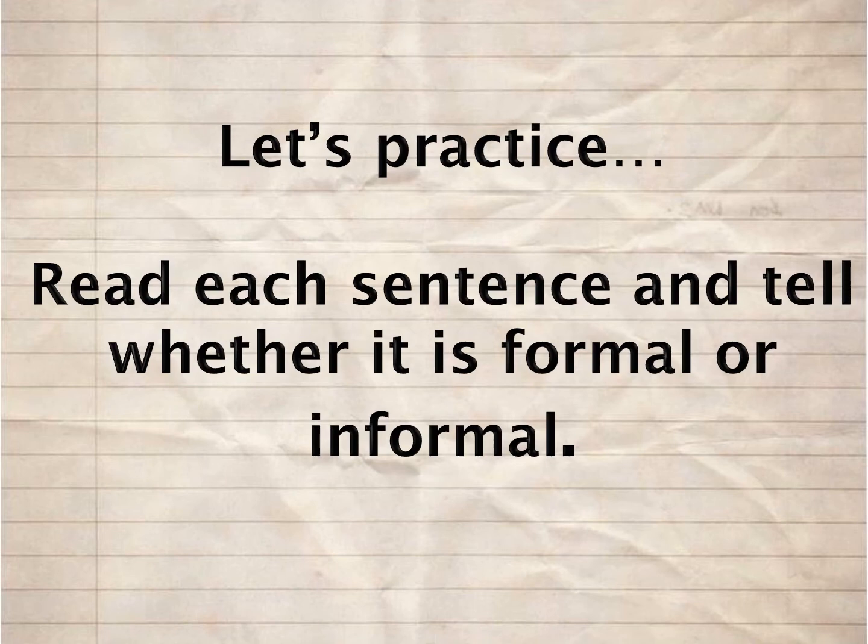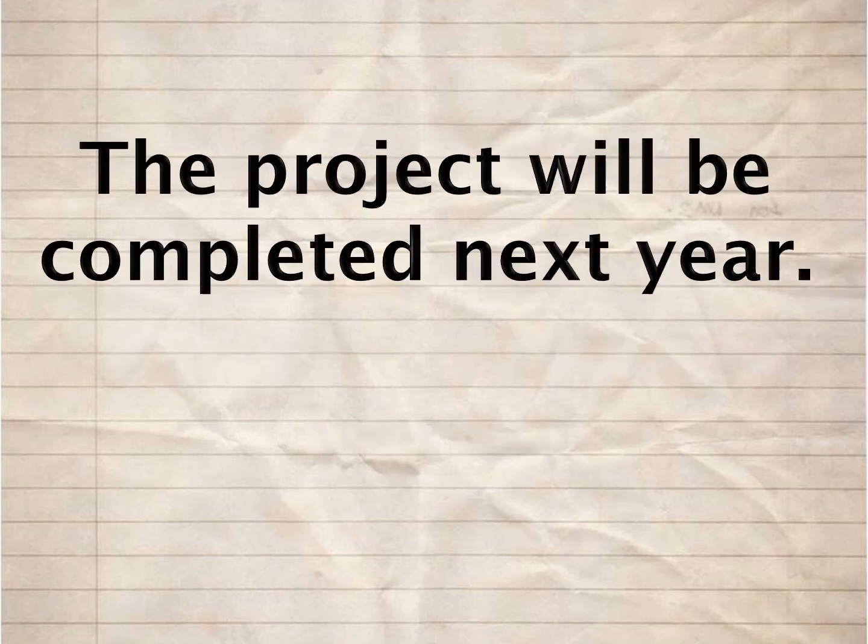Now, let's have a practice about formal and informal and see. Look at this sentence. The project will be completed next year. What do you think? Is this formal or informal, and why? That's right. It is formal. Why? Because we have a complete sentence.